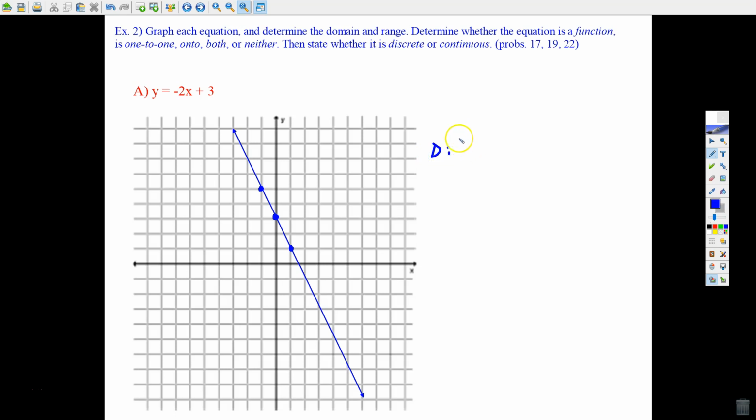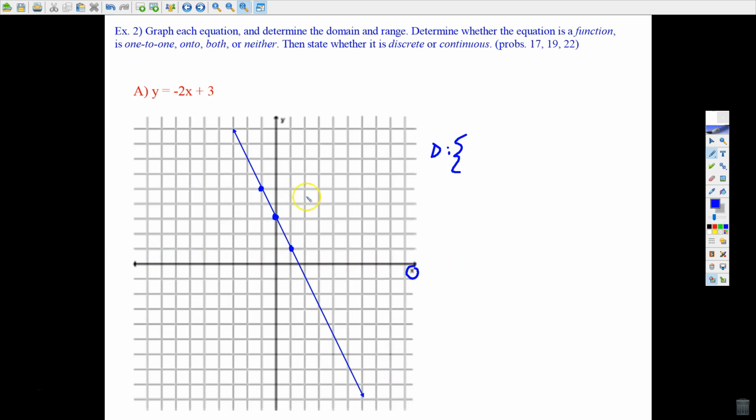All right, so when you're looking at a graph, you're thinking domain, again, that's the x coordinates of all the points that would be contained on this line. Well, do you realize that this line really goes forever and ever in both directions, all the way to the left forever, and it will continue to go all the way to the right forever.